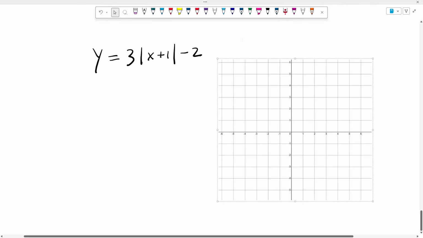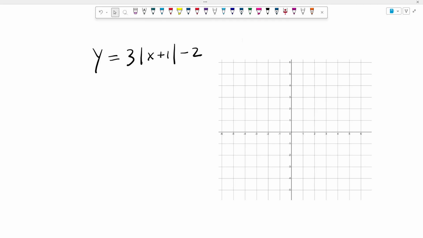So, okay, let's not even write the piecewise definition. Let's just use transformations. This determines left or right, replacing x with x plus 1. So what does it go? Left. So the opposite of that number.